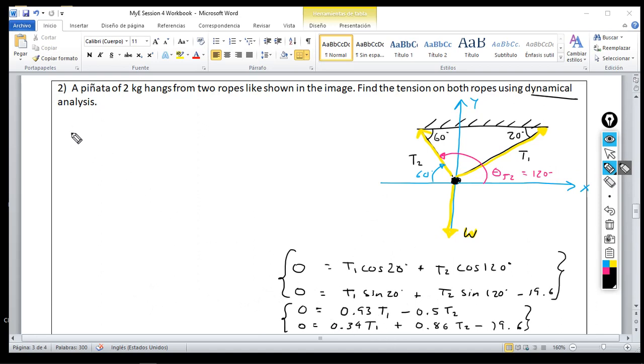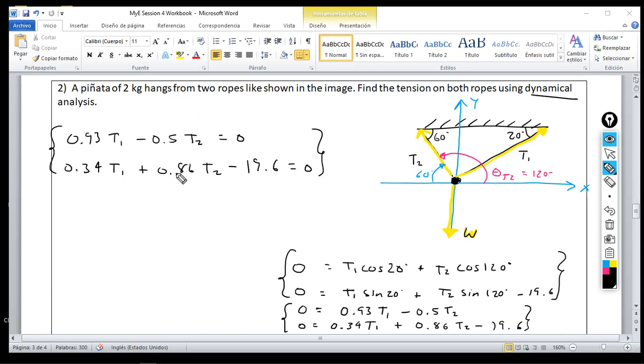I'm going to write them down here one more time: 0.93 times T1 minus 0.5 times T2 equals 0, and 0.34 T1 plus 0.86 T2 minus 19.6 equals 0.